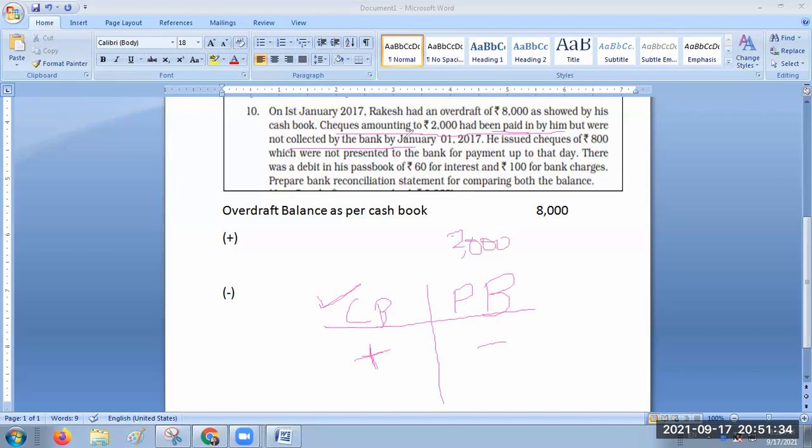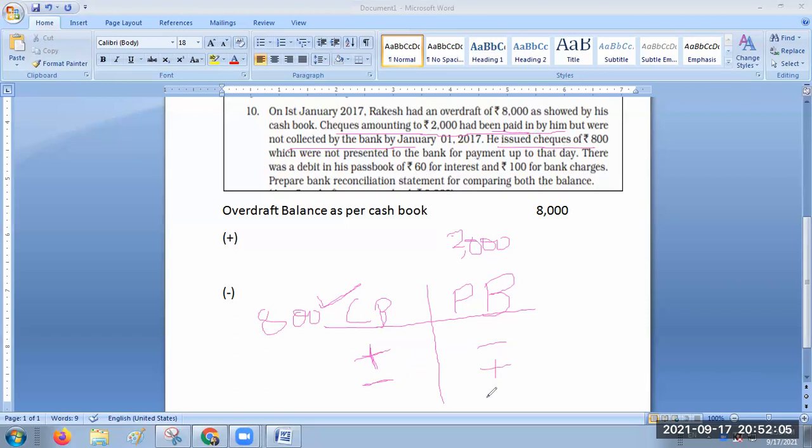Next one. He issued checks. Issued means minus. Checks paid is different, issued is different. In the previous class, I mentioned the difference. This side plus is there, minus means you are going to deduct this 800 rupees. Then there was a debit in his passbook of 60 rupees for interest.